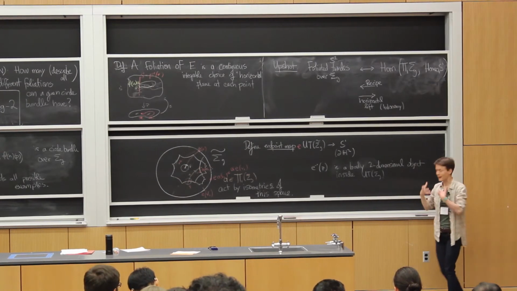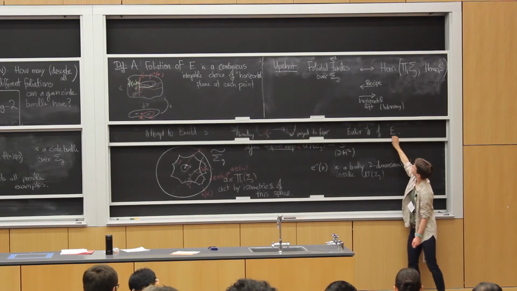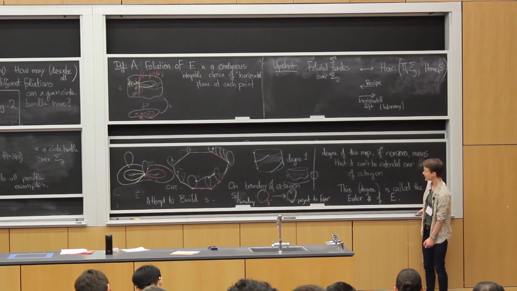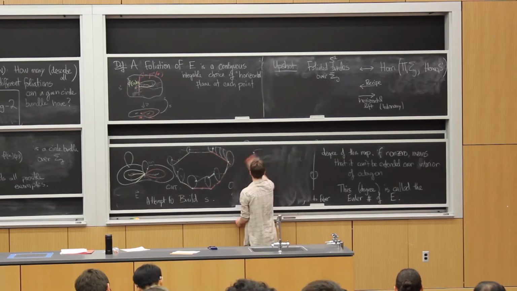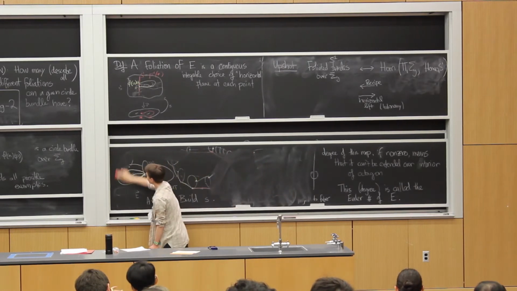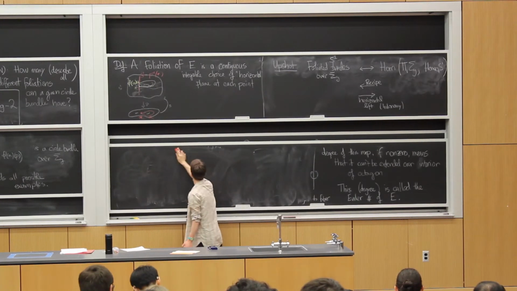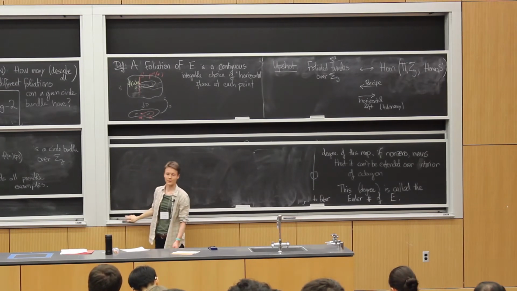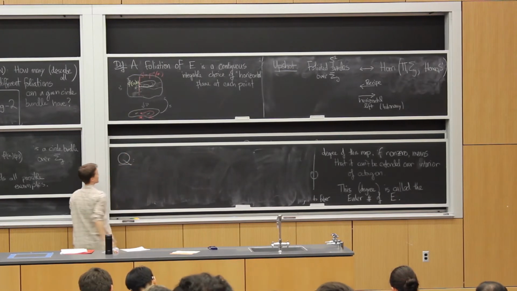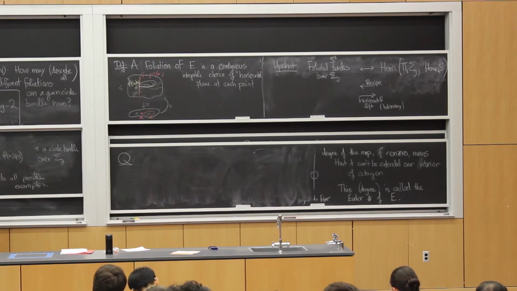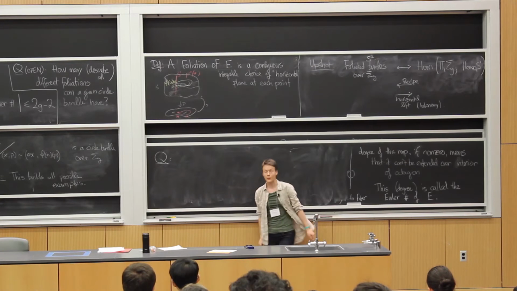I want to end with a precise question and exactly what I've been thinking about and what I've been working on. That brings us to 2018, say. So here's the question. It's a precise version of how many different foliations can a circle bundle have, which ones look the same-ish and which ones look different.